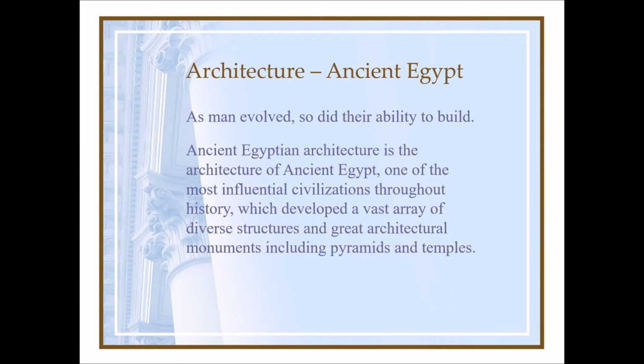Ancient Egyptian architecture is the architecture of ancient Egypt, one of the most influential civilizations throughout history, which developed a vast array of diverse structures and great architectural monuments, including pyramids and temples. So ancient Egypt is never left behind as a period of architecture history, and we should always mention it.